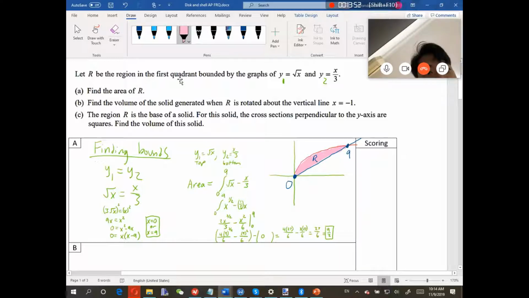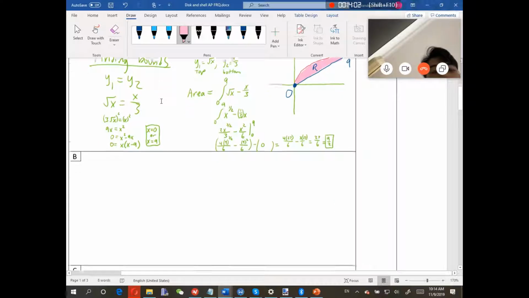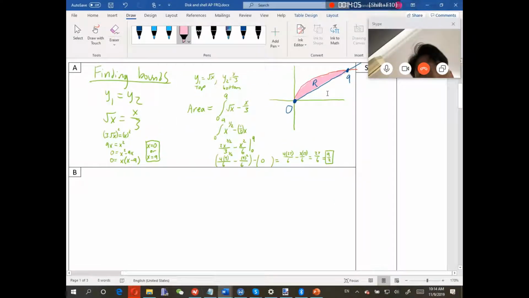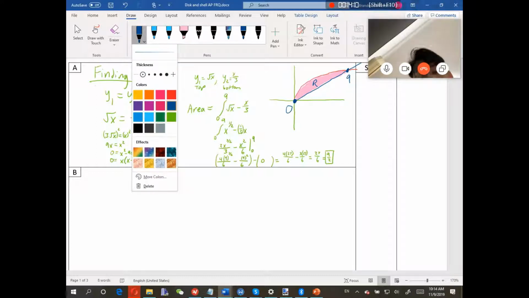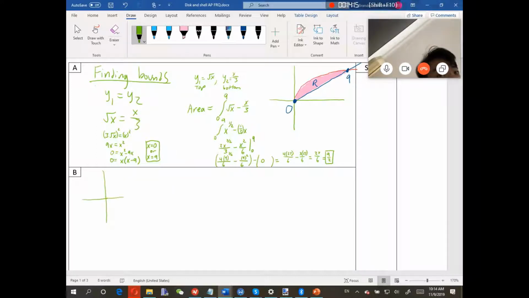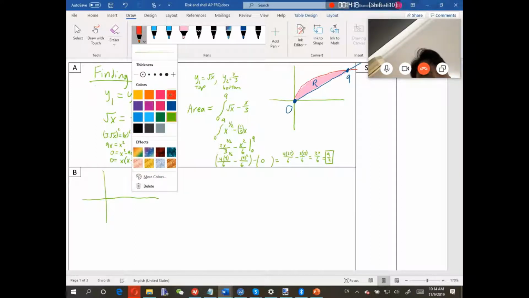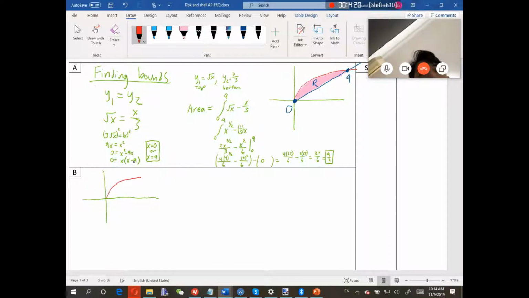So for part B, I want to find the volume of the solid generated when R is rotated about the line x equals -1. So for part B, I'm going to take this shape and we're going to spin it about x equals -1. So I'm going to redraw our shape really quick. This is everything we had last time, from 0 to 9.